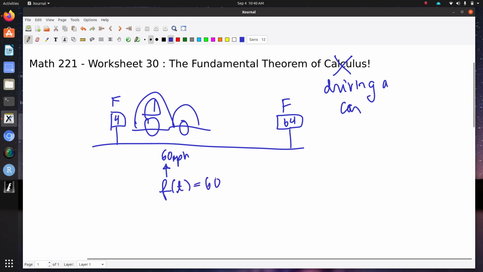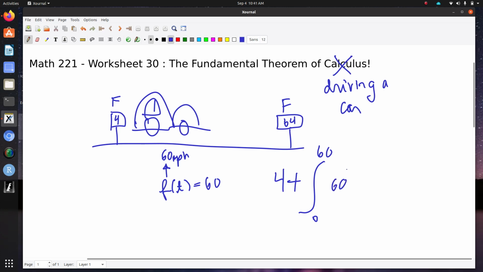Okay, so it's telling you what your rate of accumulating change is, and then all you have to do is integrate from t equals, in this case, 0 to 1, and you're going to accumulate change, but you have to start with 4 because that's where you started, and then you're going to just do 60 miles per hour.